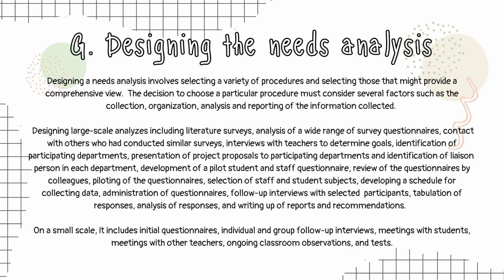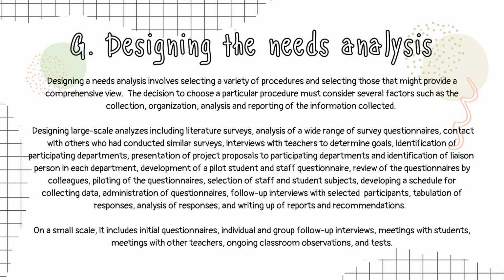collected. The step-by-step procedures that can be followed in investigating the learners' needs are: Number 1, literature survey. Number 2, analysis of a wide range of survey questionnaires. Number 3, contact with others who had conducted similar surveys. Number 4, interviews with teachers to determine goals. Number 5, identification of participating departments.